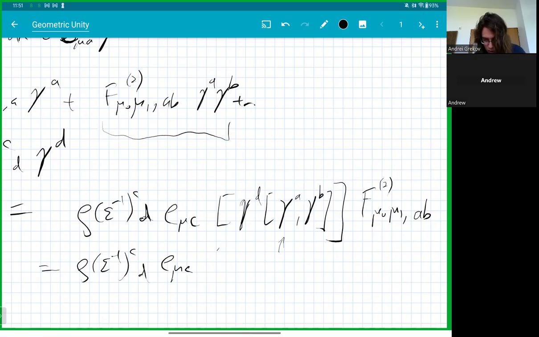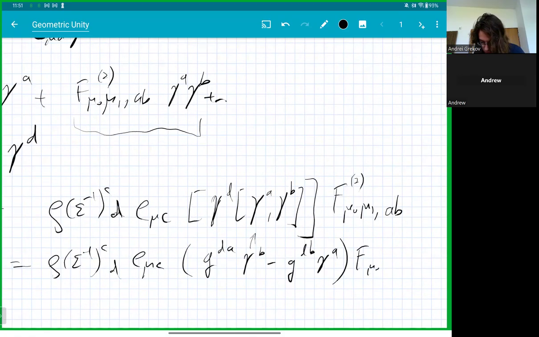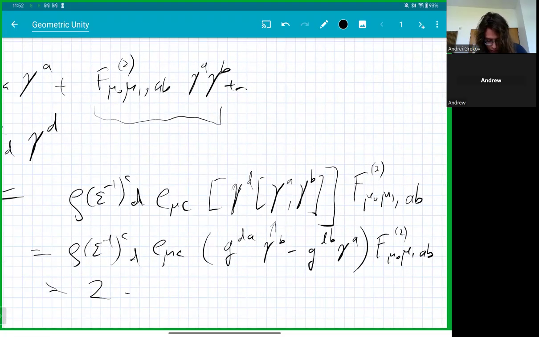Again, I'll not care about the sign. Now, this is antisymmetric in A and B, so I could just simplify it a little bit.